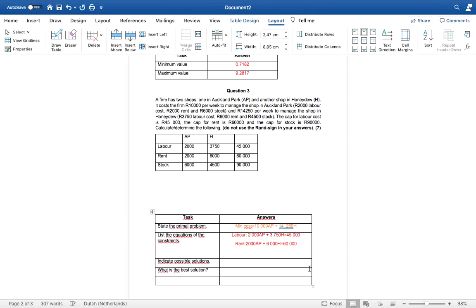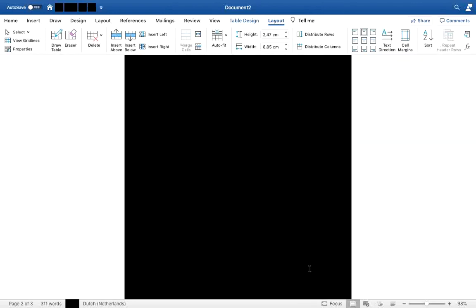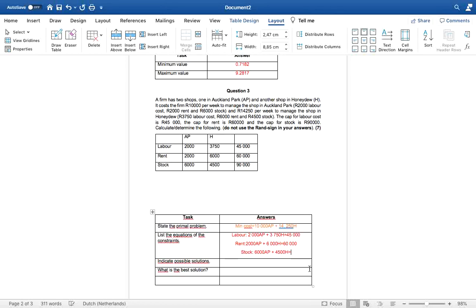And then for stock it is 6,000 AP plus 4,500 H, which is capped at 90,000. Right. So these are your constraint equations.